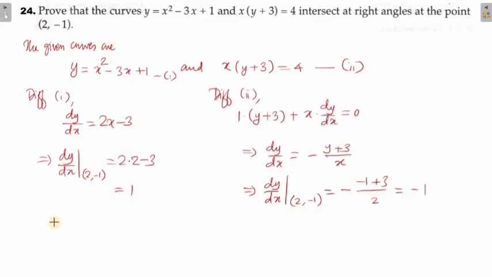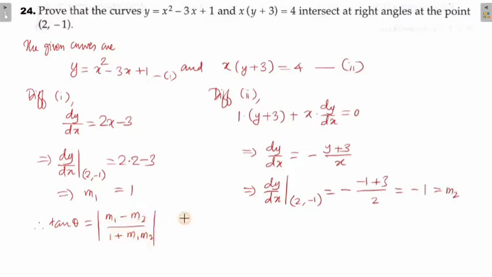So therefore the angle of intersection, that is tan theta, will be equal to, all of you notice, you can call this m1, and you can call this m2. So this is m1 minus m2 by 1 plus m1 m2.